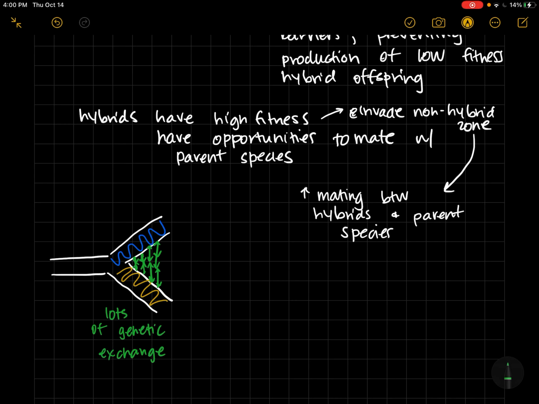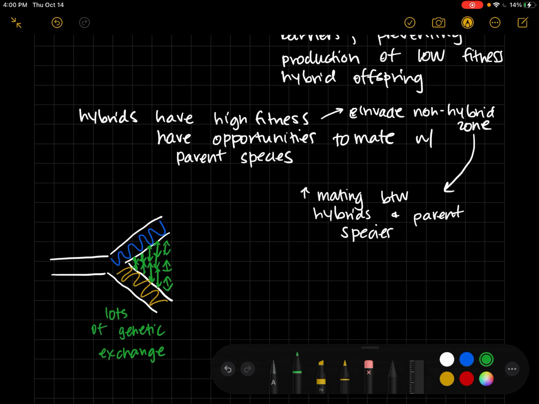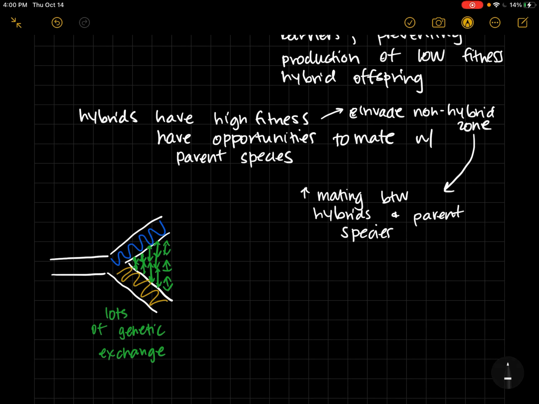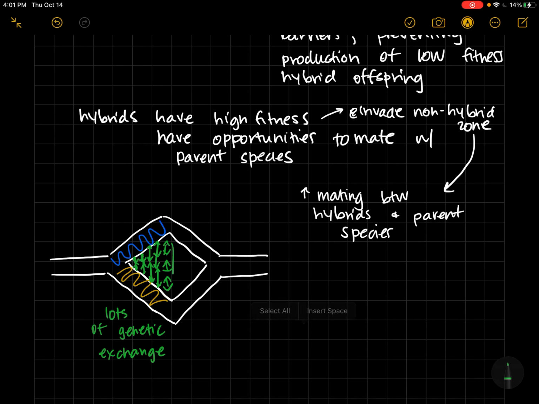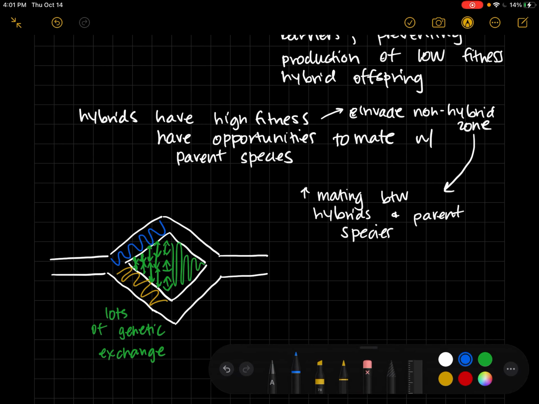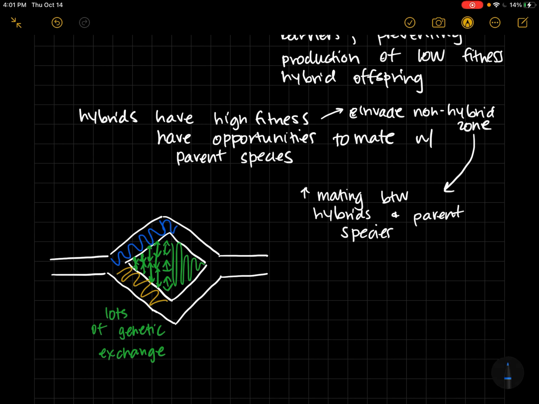Lots of hybrid mating. Now when this happens, we're basically going back to a situation where we have gene flow between two populations rather than two species. And with enough gene flow, we're going to just collapse these back down into a single species. Okay, so we still have hybrids, but now these hybrids are just hybrids between two populations, two metapopulations.